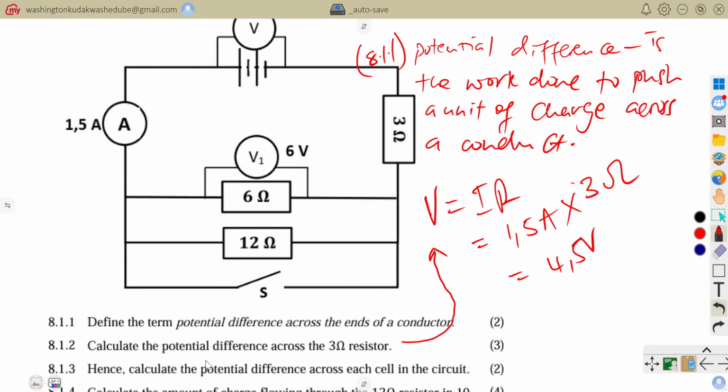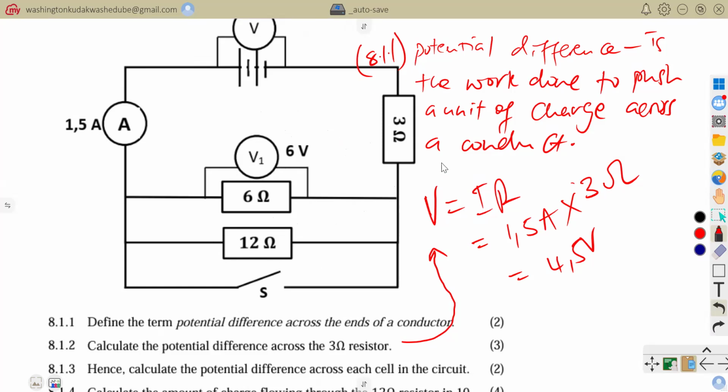Now they're saying, hence, calculate the potential difference across each cell in the circuit. Now the potential difference will be equal to what? We can see that the potential difference here is 6 volts, because this is in parallel. So we know that voltage in parallel remains the same.